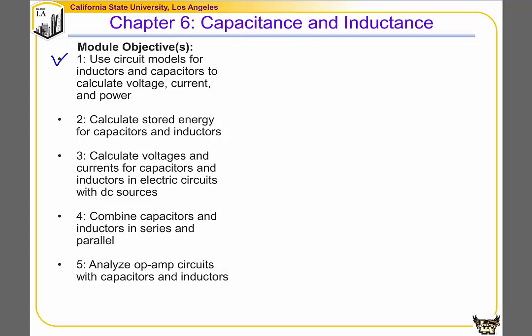And for a capacitor, we know the current going through the capacitor is equal to C times dVc/dt. And for an inductor, the voltage on the inductor is equal to L dIL/dt. Then with the knowledge that we learned from chapter 2, you can calculate the rest.